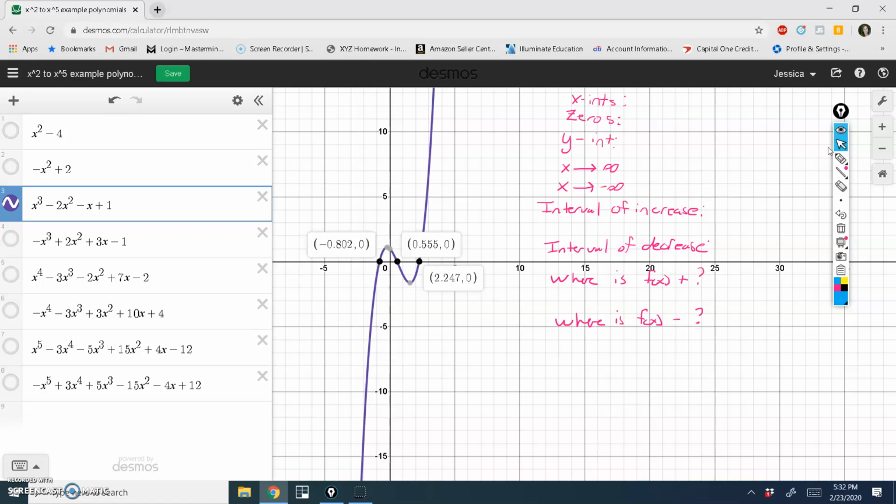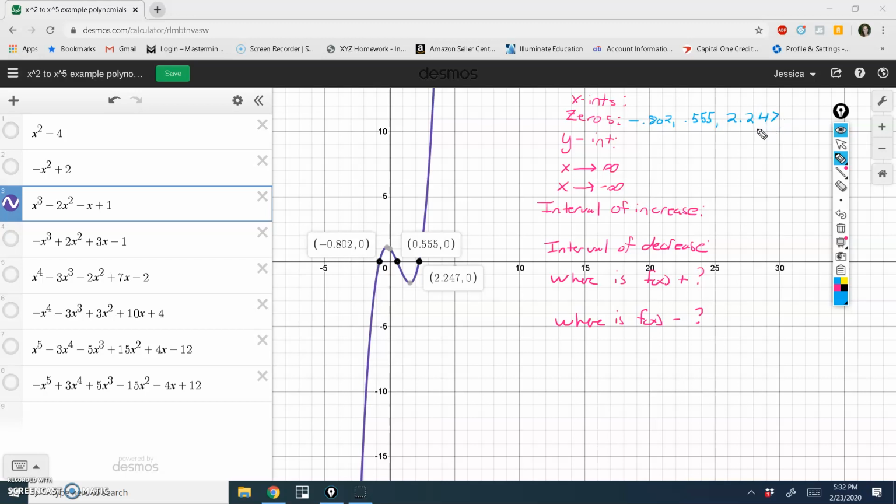So therefore the zeros then, this is something kind of new, are going to be the x-coordinates of the x-intercepts. So we're going to have negative 0.802, we're going to have 0.555, and we're going to have 2.247.